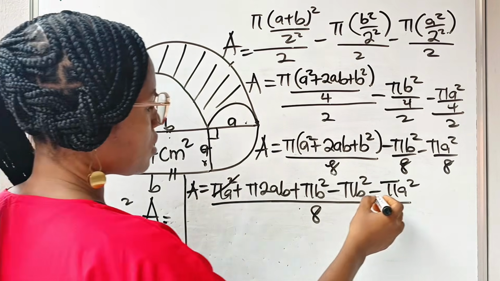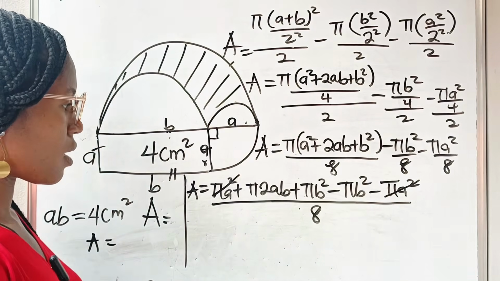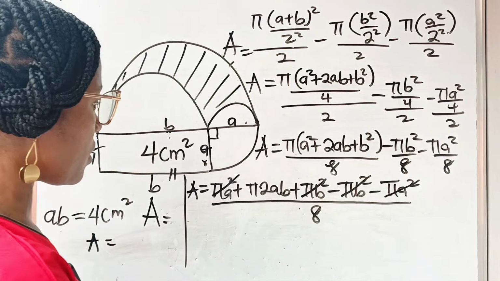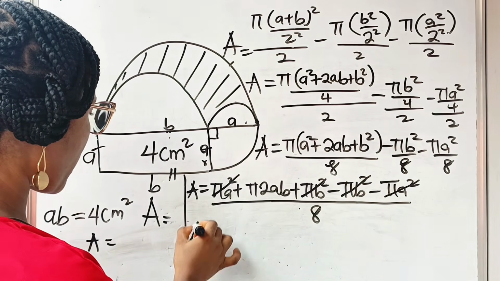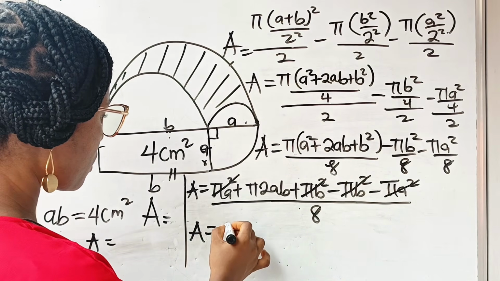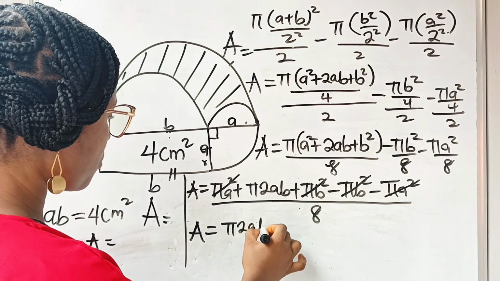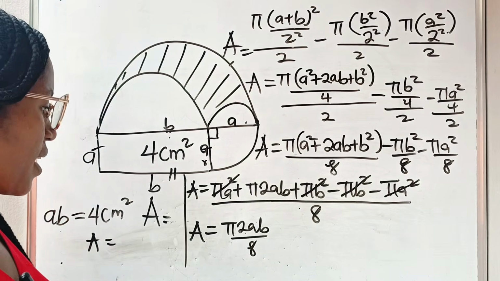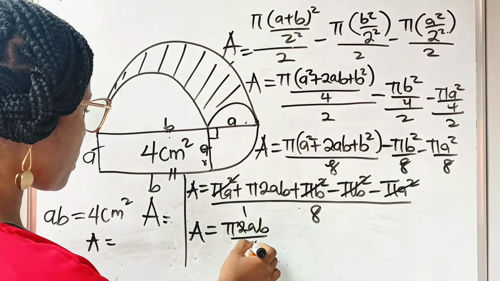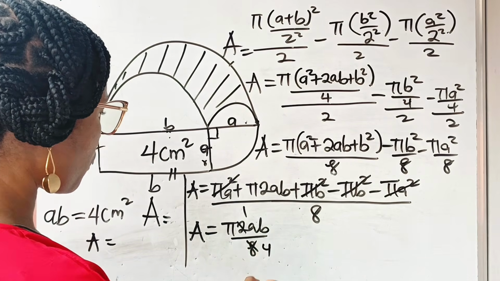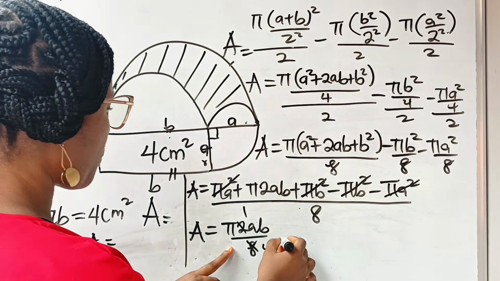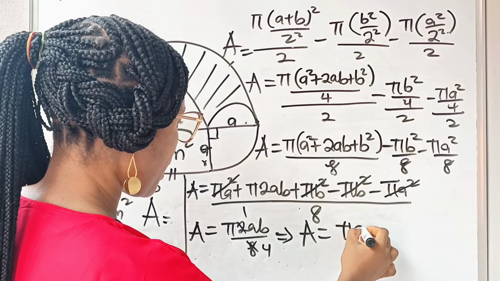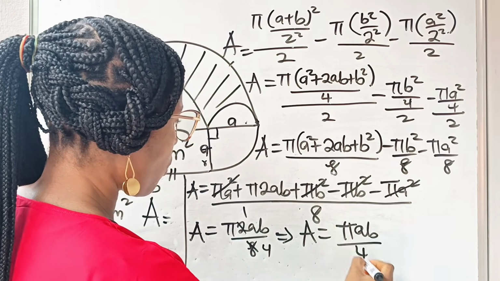So pi a squared minus pi a squared, pi b squared minus pi b squared. So now we have the area as pi 2ab over 8 or 2ab pi over 8. Now 2 will divide itself, 1 divide 8 to give us 4. So this implies the area is pi ab over 4.